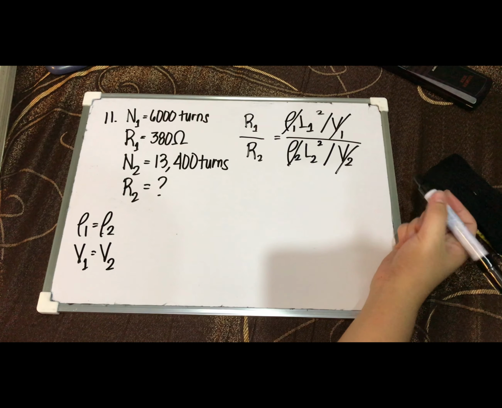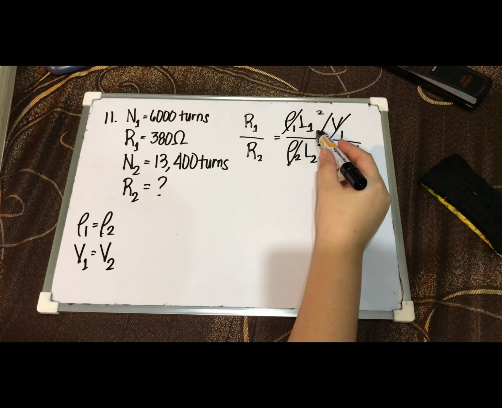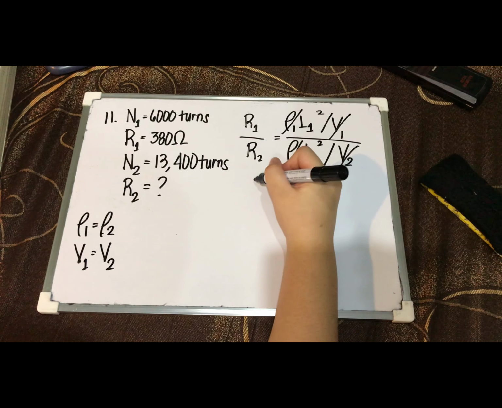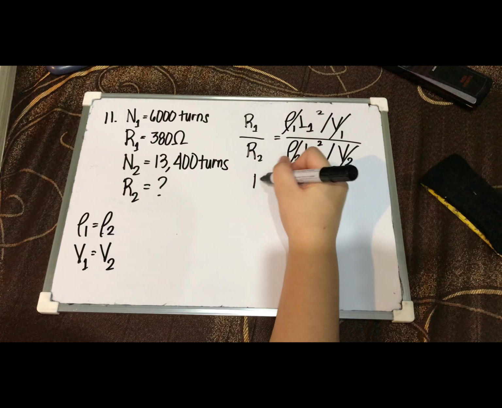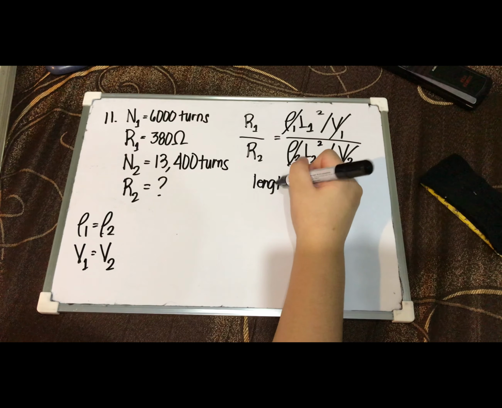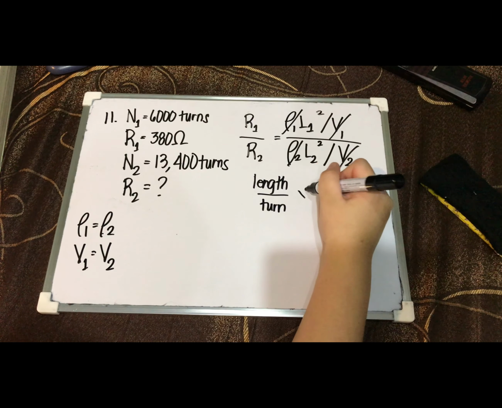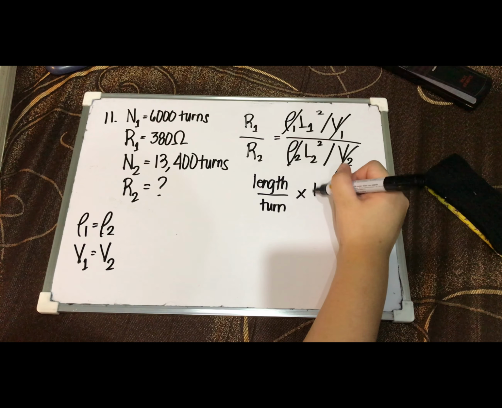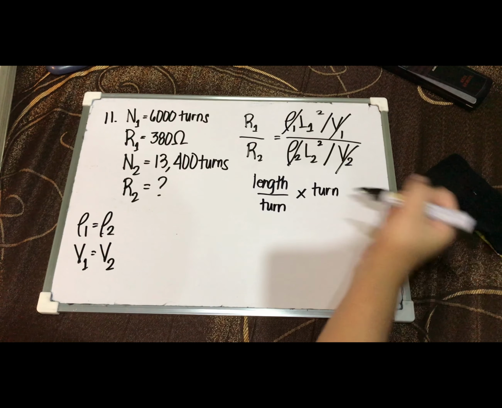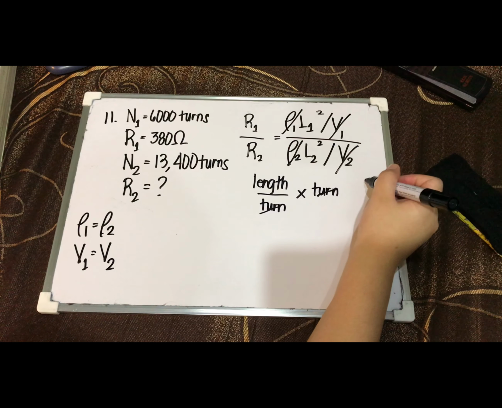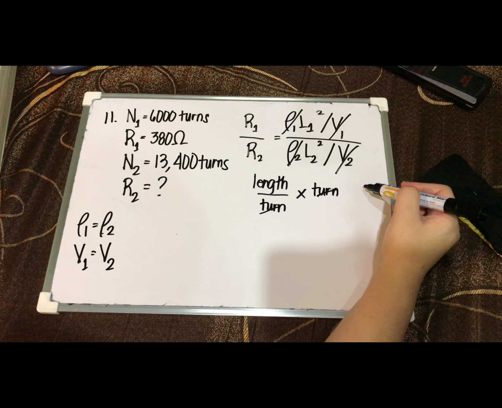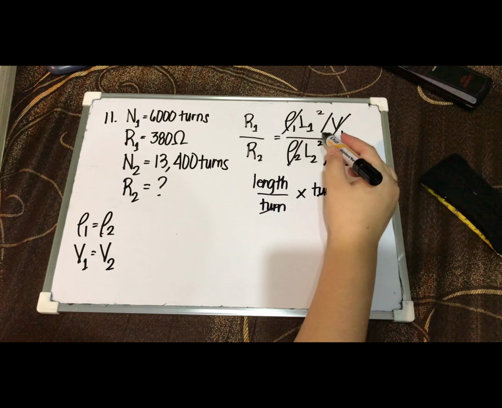Ang derivation naman ng ating length, usually sa mga problem, yan ay length per turn multiply natin sa number of turns. So, makakancel lang yan, kaya ang natitira ay yung length. So, ang gamitin natin ito dito.